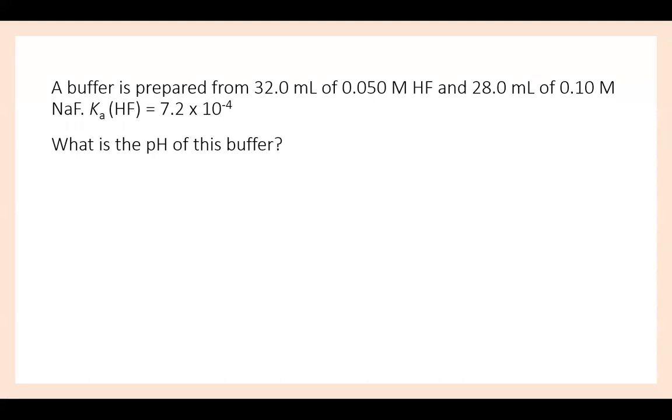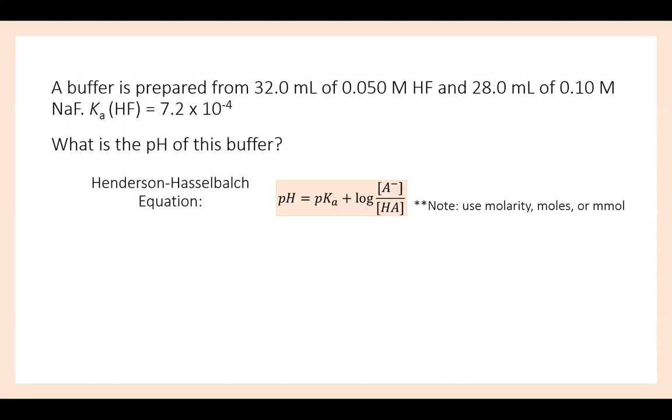Let's start by looking at the Henderson-Hasselbalch equation. It reads pH is equal to pKa plus log of concentration of A minus, that's the conjugate base, over concentration of HA, which is the weak acid.